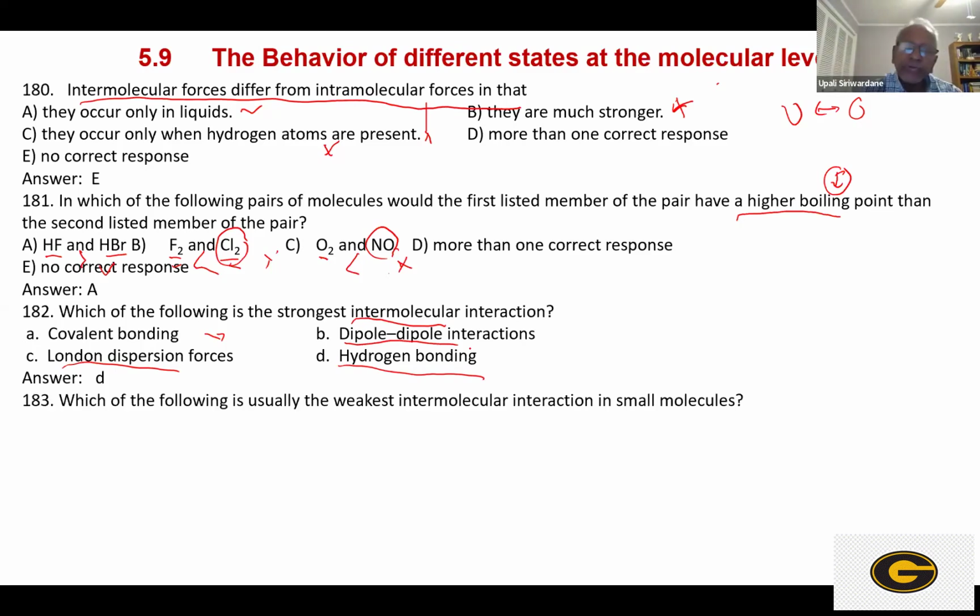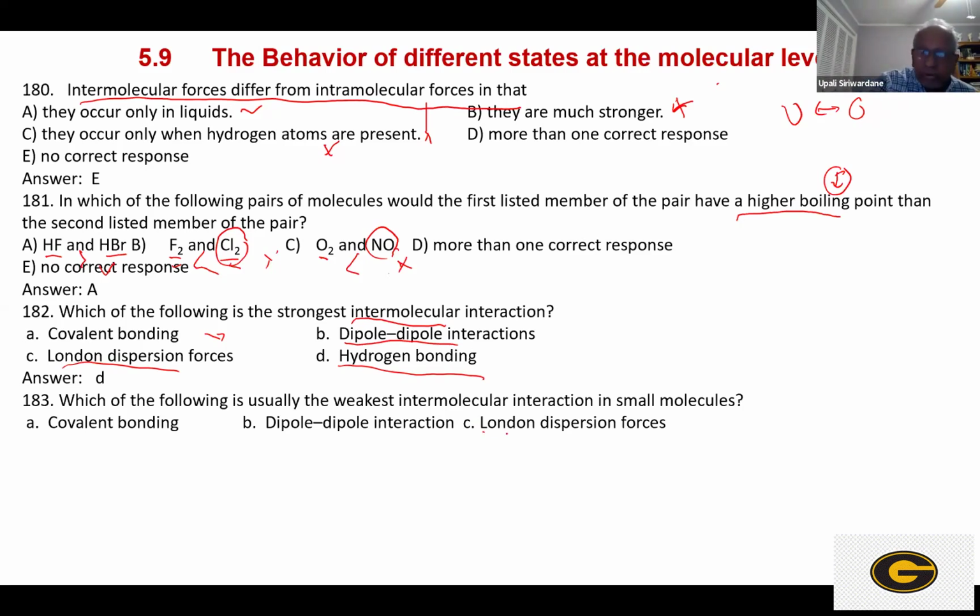Which of the following is usually the weakest intermolecular interaction in small molecules? Small molecules have fewer electrons. Therefore, London dispersion force becomes the weakest attraction.